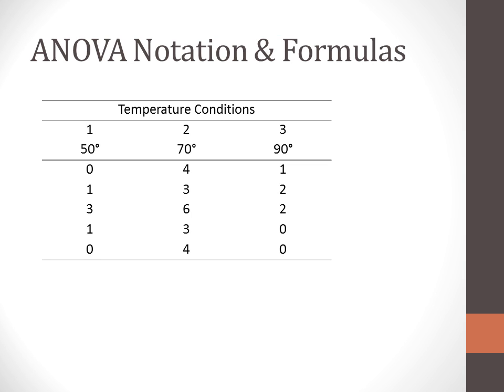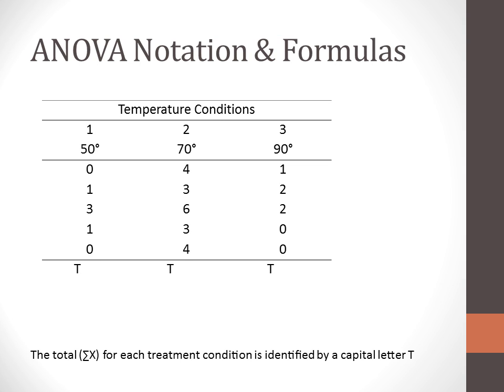Before we go on, we really need a notation system to help keep track of all the individual scores and totals for the analysis of variance. So, the sum of x, or the total for each of the treatment conditions in the ANOVA, is generally identified as the capital letter T. So we have T for the total, and then in general, it's usually subscripted by something that indicates the groups.